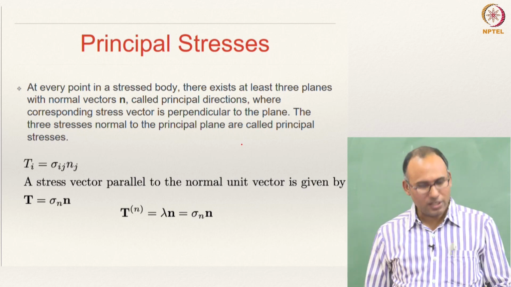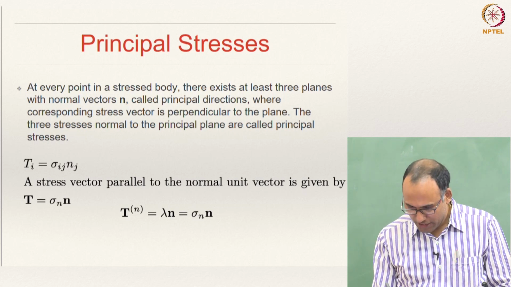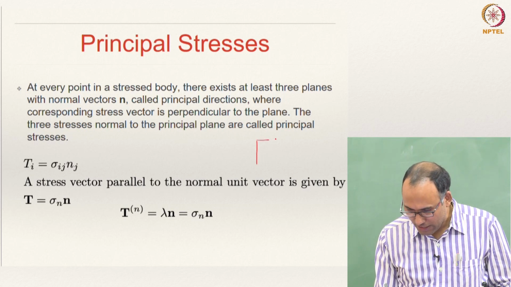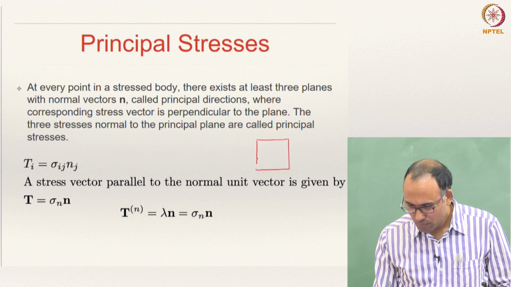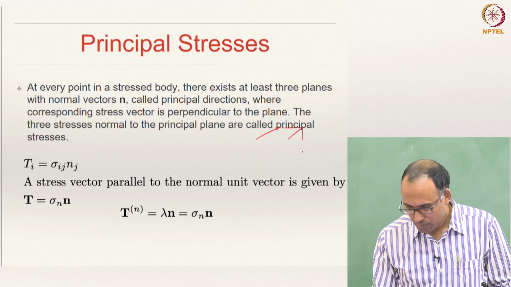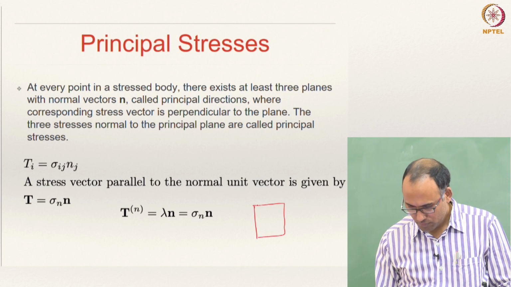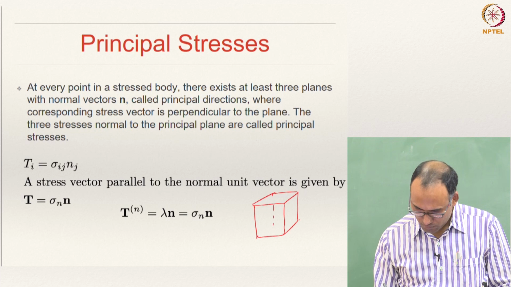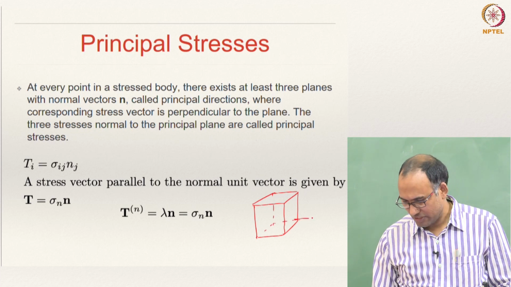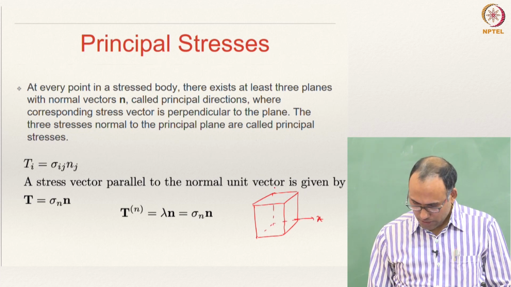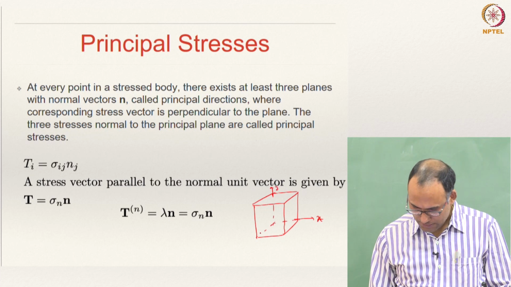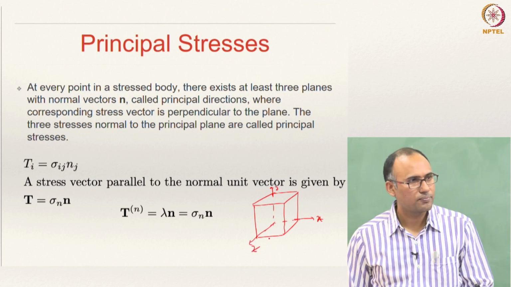So, suppose you are talking about stress, let me draw it here. If you take an infinitesimal element, let us say this is my x axis, that my y axis, that is my z axis.